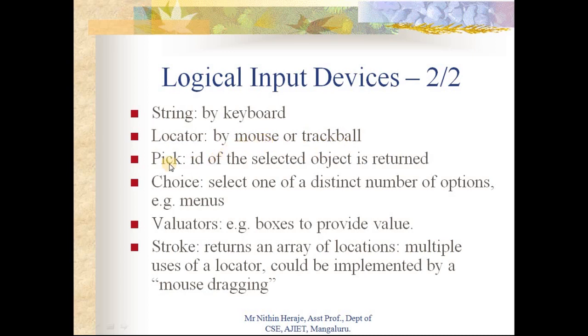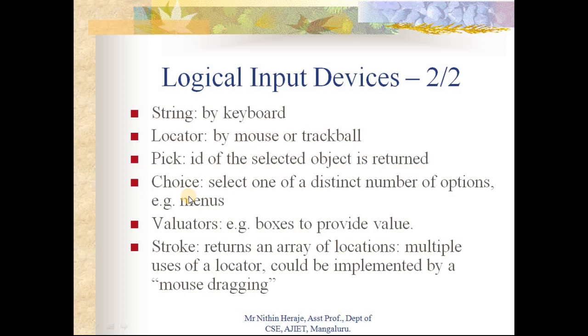Then there is pick, where the id of the selected object is returned. You have n number of objects on the screen, and you can click on a particular object, whereupon it returns the id of that particular object. Next is choice, where you select any one option among the different options in a menu.